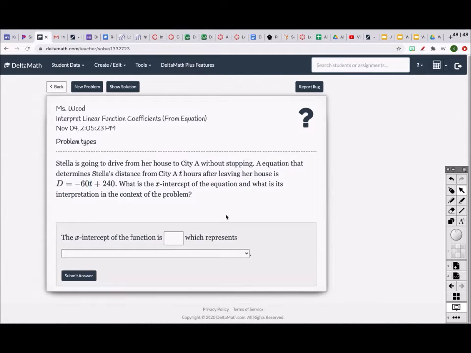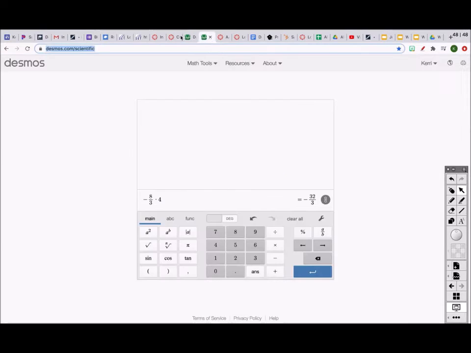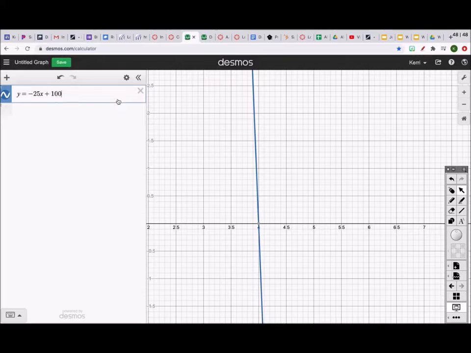Now, here's the thing with this question. It's asking for the x-intercept. The easiest way to do this is to graph this equation, and we're going to figure out what the x-intercept is. You could always just solve this equation, however, it's a lot easier to just graph it. So if you go to the Desmos Graphing Calculator, instead of d, we're going to say y equals, and then you type in the equation.